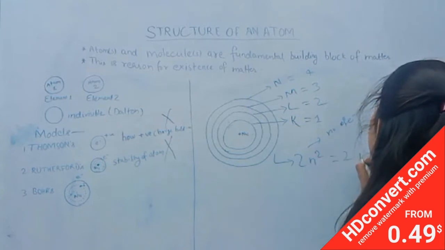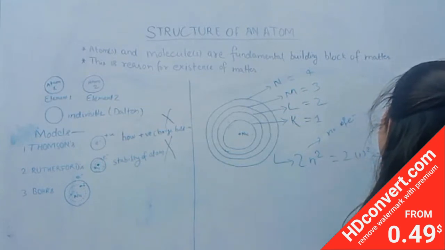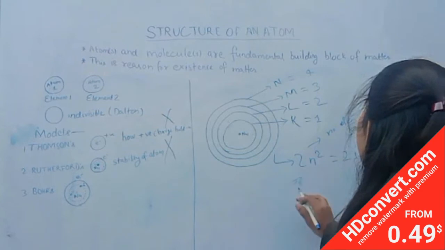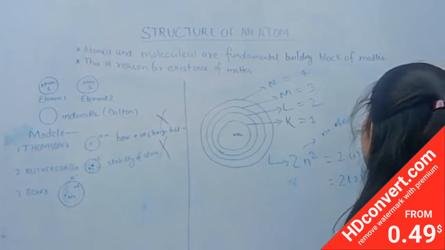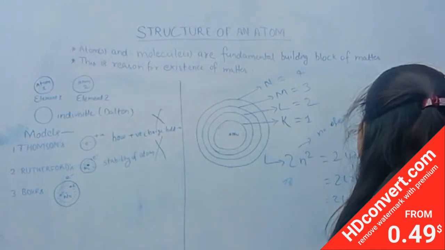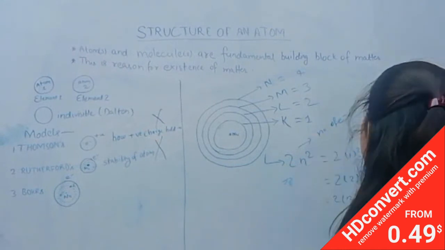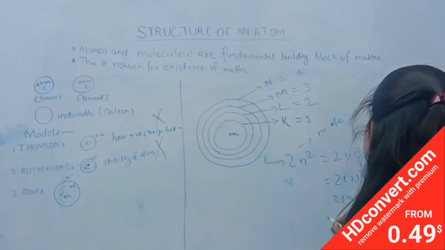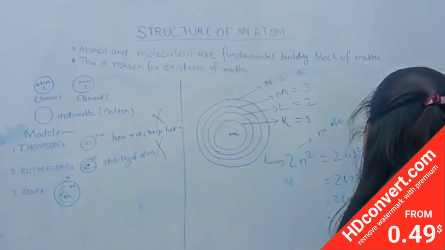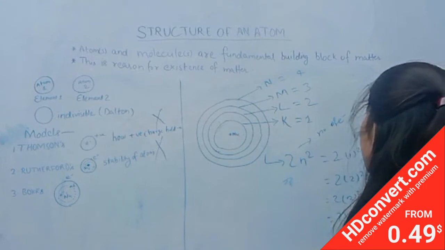In the first, means K, there will be 2 electrons. In the second, there will be 8 electrons. In the third, means inside the M class, there will be 18 electrons, and in the fourth 32 electrons.